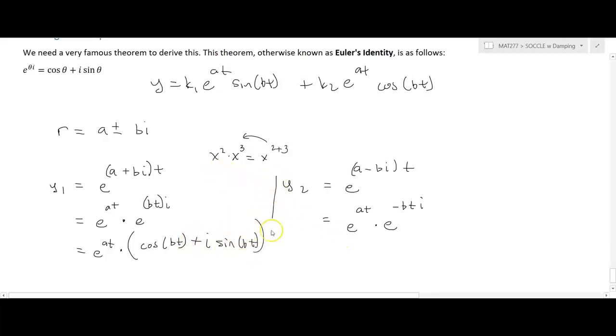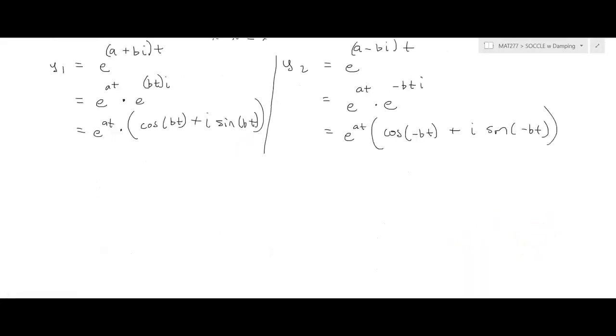The same thing will apply for y2. That will be e to the at, but multiplied by cosine of negative bt plus i sine of negative bt. So there's our y1 and there's our y2.